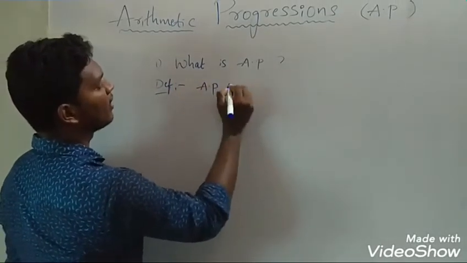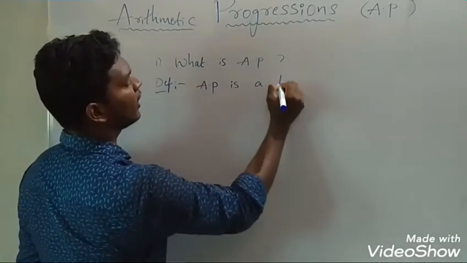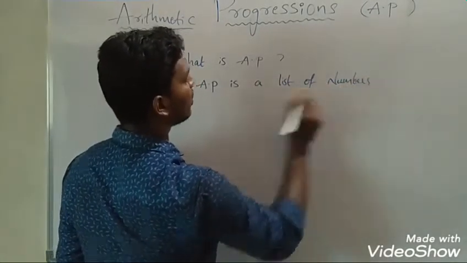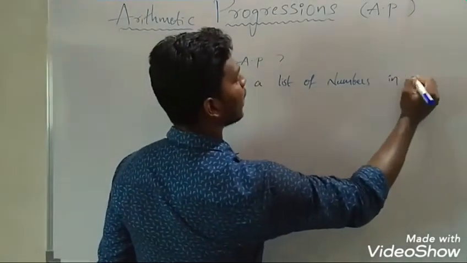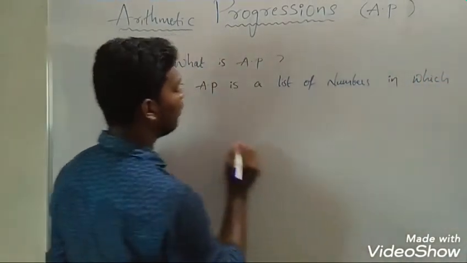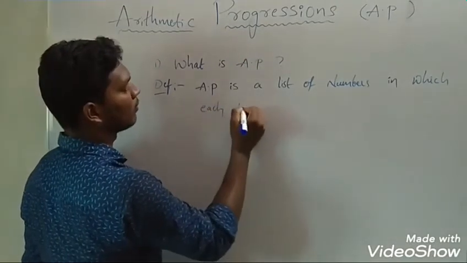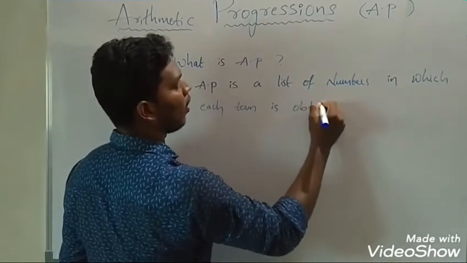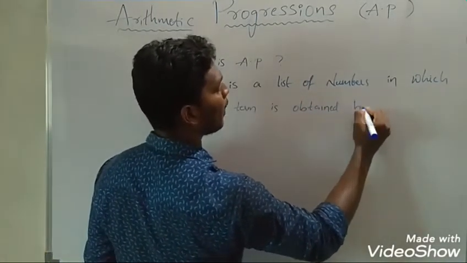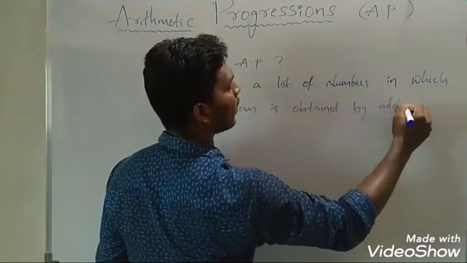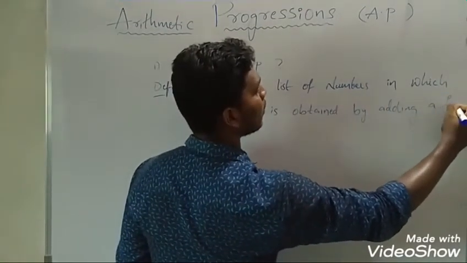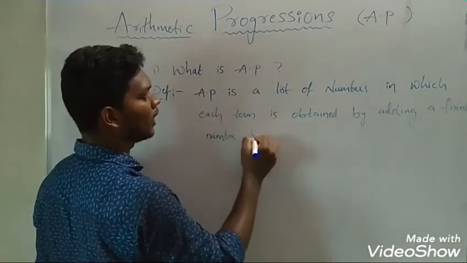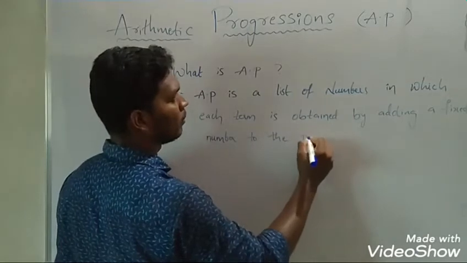AP, that is arithmetic progressions, is a list of numbers in which each term is obtained by adding a fixed number to the preceding term.